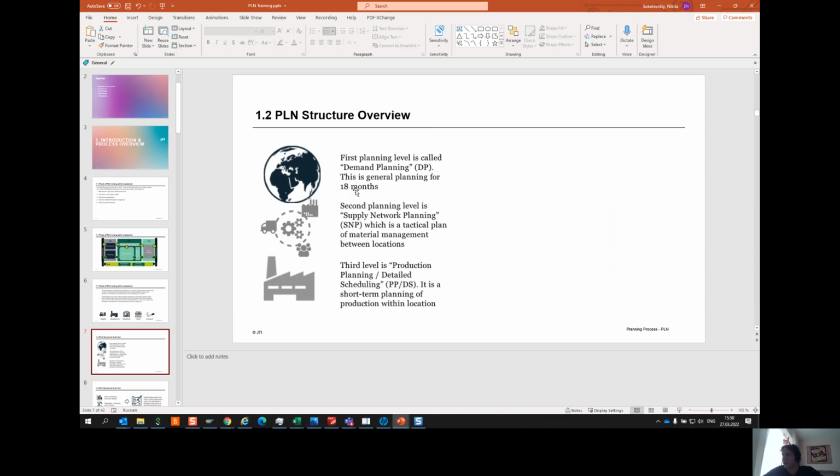This is a general planning for 18 months, but actually I would like to add that all 3 levels of planning are maintained for 18 months or at least 12 months. So yes, demand planning is so-called long-term planning, but it doesn't mean that other levels of planning only consider a month or 6 months, for example.